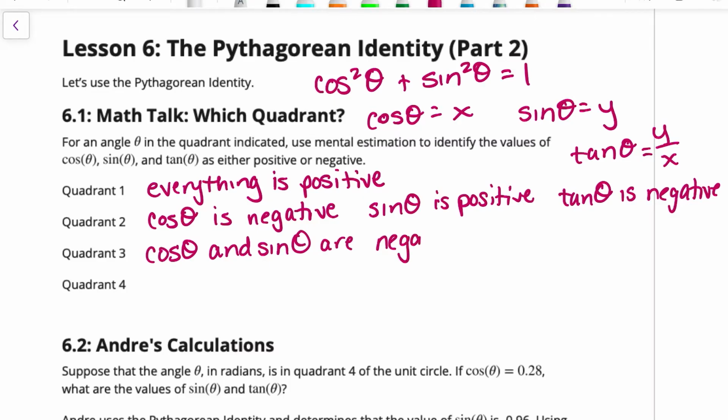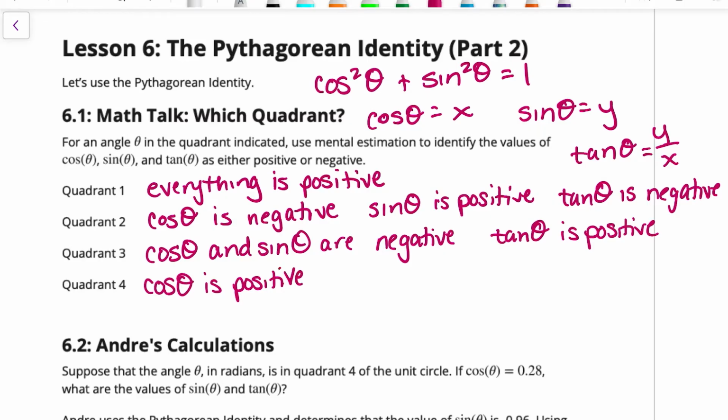And then when you divide a negative by a negative, you get a positive. So tangent of theta is positive. And then in quadrant 4, cosine is positive, but sine is negative because y is negative. And then tangent is also negative because you have a negative and a positive being divided. So sine and tangent are negative.